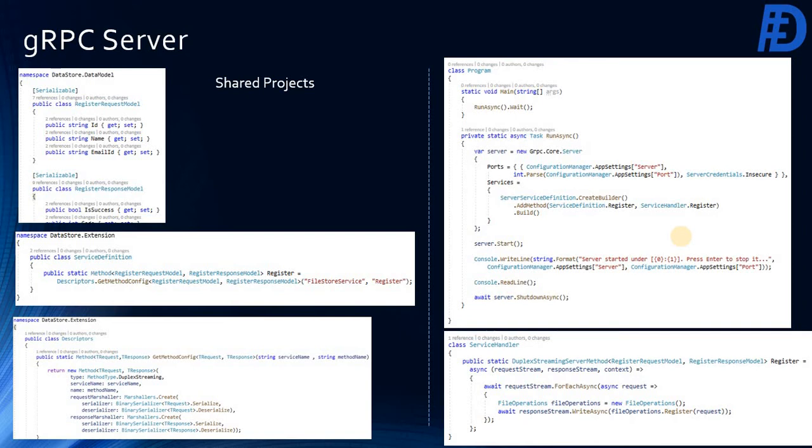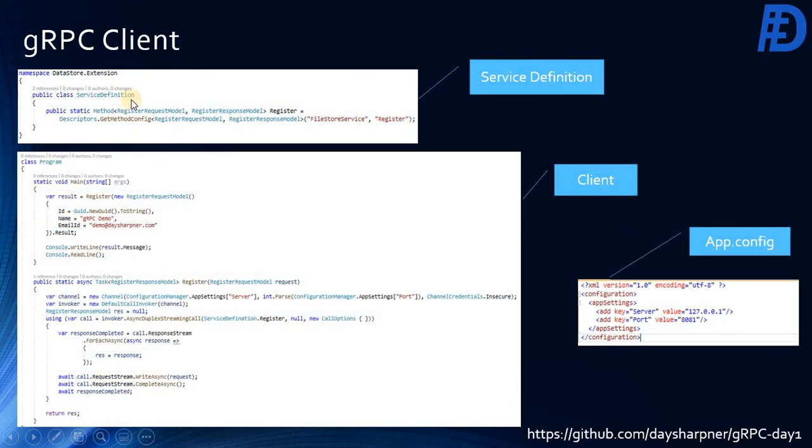Okay, now we'll see how the gRPC client looks, and what changes are required for the client to call the gRPC server. Here the service definition is referred to in the client application. That's why I said this has to be a shared project. The server and port are used to create the channel, and the channel is calling our register method.